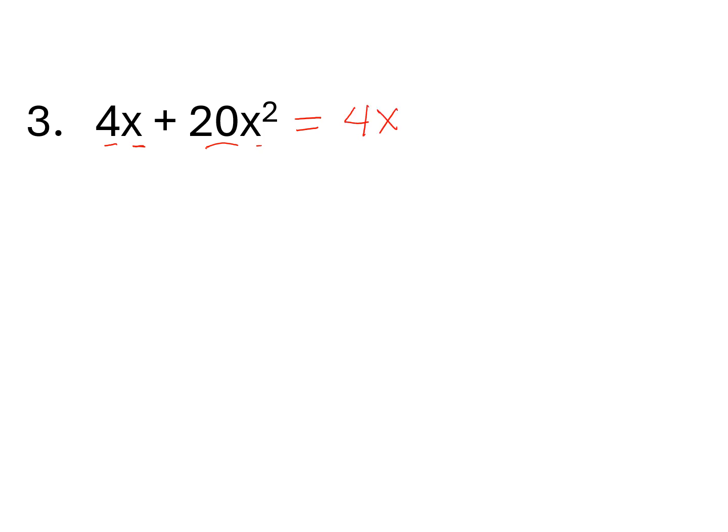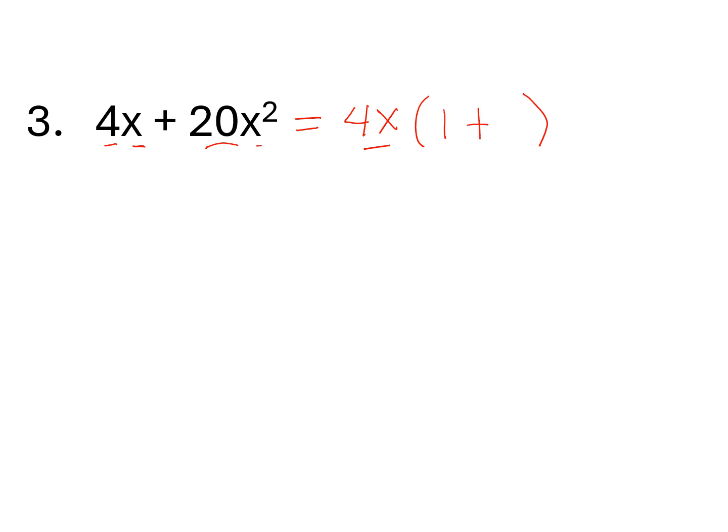4x. And to get the second factor, we are going to divide each term by the GCF, which is 4x. So we have 4x divided by 4x. That is 1. Okay. Then positive 20x squared divided by 4x.